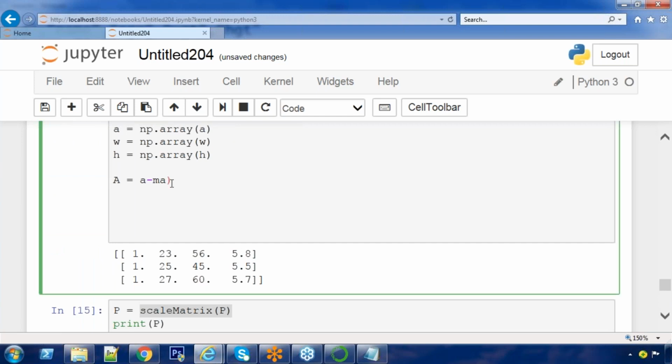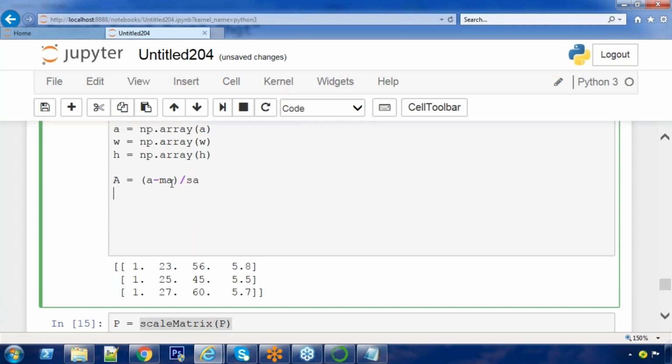So I am writing that divided by SA. Capital W for weight.